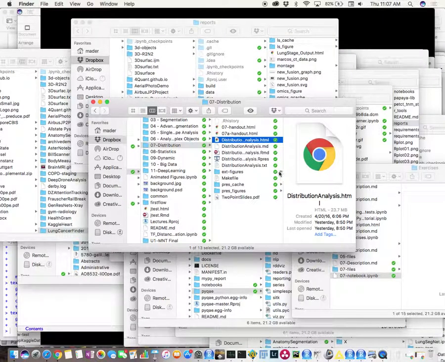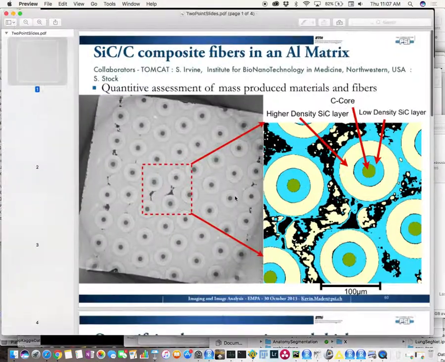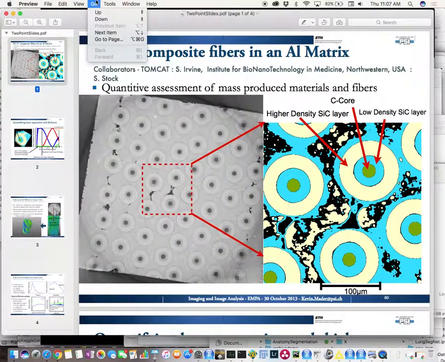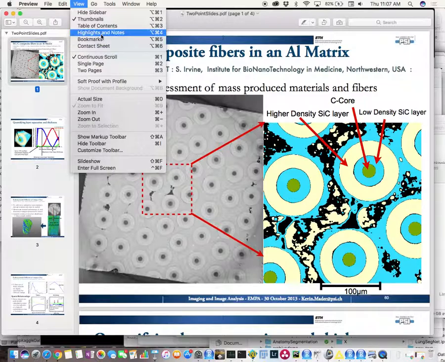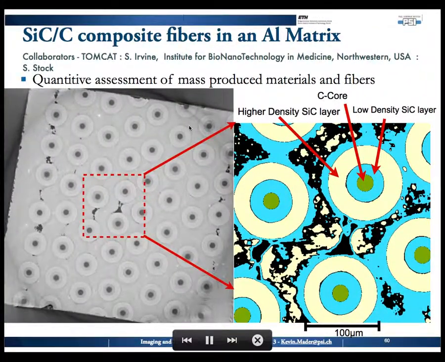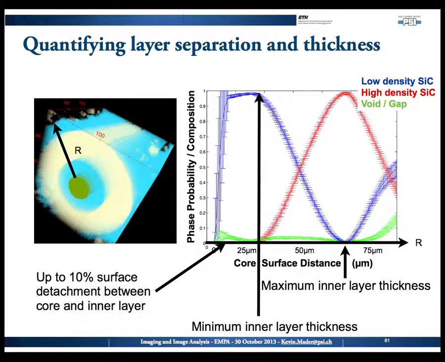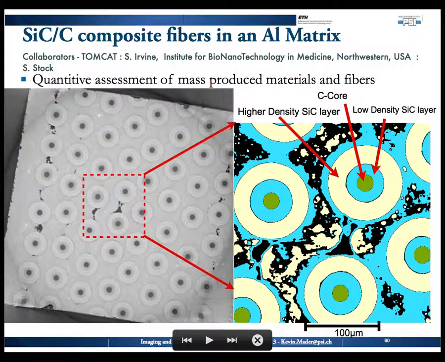And just to have a few examples of that, we'll do this, and then this will be the last. Say you have a sample measured, which is a bunch of cords or fibers. They have a carbon core, a lower density silicon carbon layer, and then a higher density silicon carbon layer.